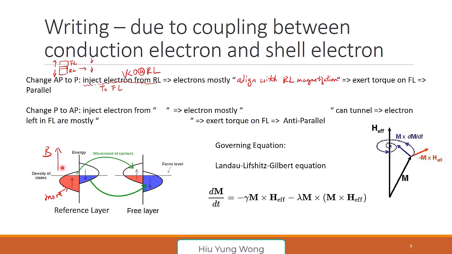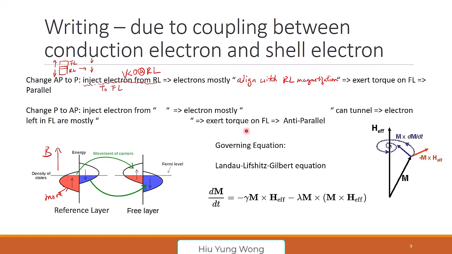Then they interact with the shell electrons, and you flip their magnetization through this torque. We don't need to learn this. I just show it here to let you know that we have this equation. This tells you how the magnetization changes with time. Any question about this? If you understand this, then the next one may be easier.